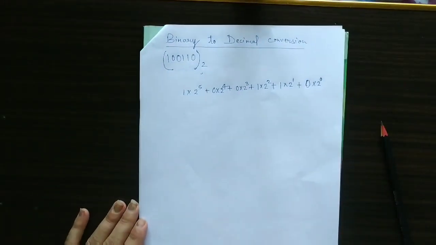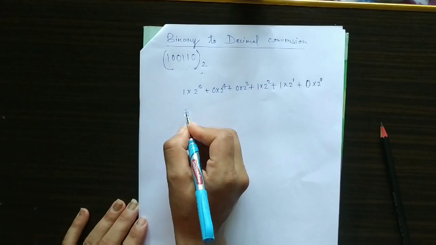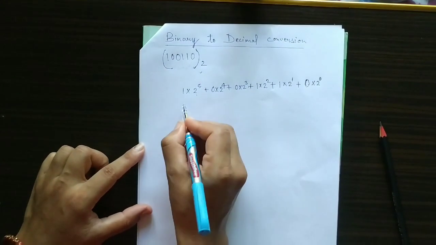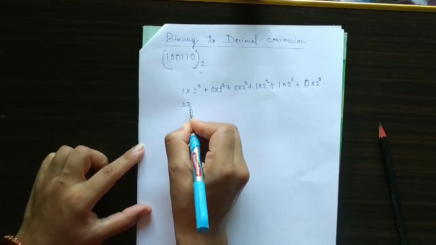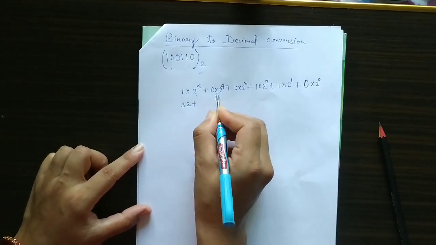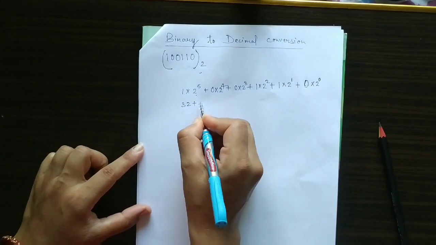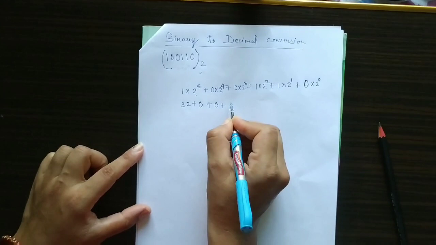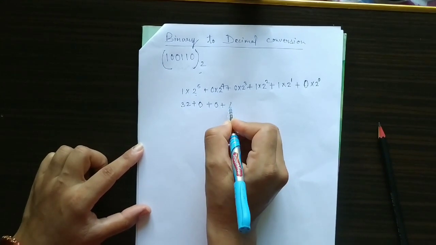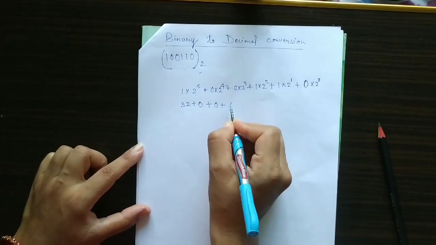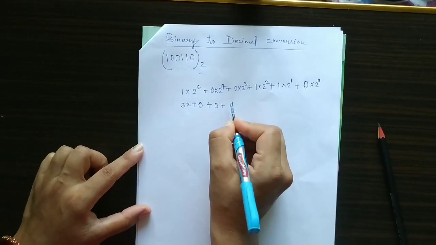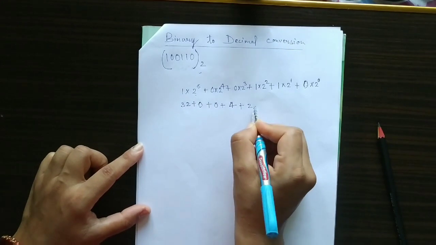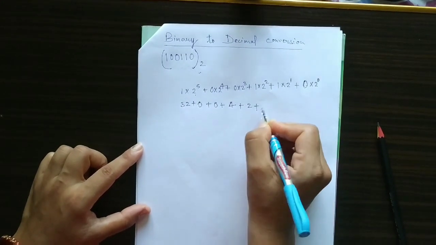Now we can calculate the number. 2 to the power 5 means 32. 0 into anything 0, plus 0, plus 4, plus 2, plus 0.